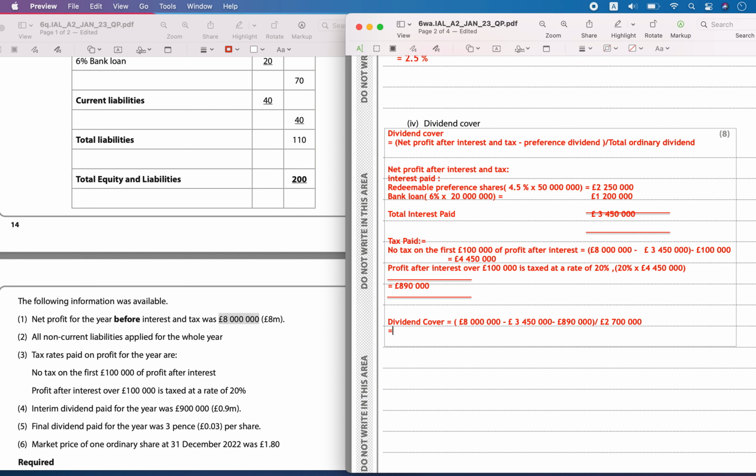So now let's calculate the dividend cover. 8 million minus 3,450,000 minus 890,000 is equal to 3,660,000, divided by 2,700,000.